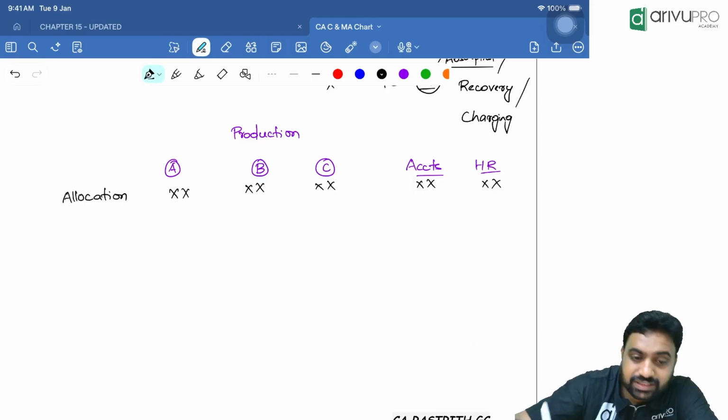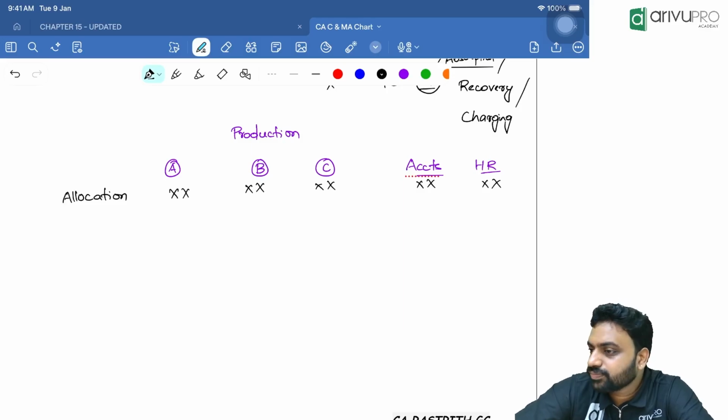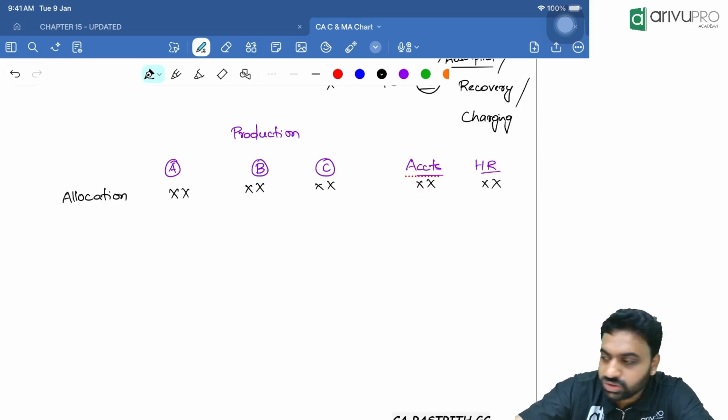What do we call it? Allocation. Now, rent will be there. Rent, electricity, insurance, heat and lighting, all those things will be there. Now, rent of the whole building is there. In that, only department A is there? No. Department B only? No. Only department C? No. Only accounts? No. Only HR? No. All departments are there.